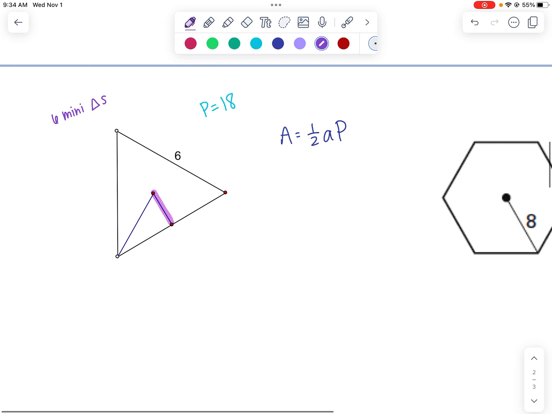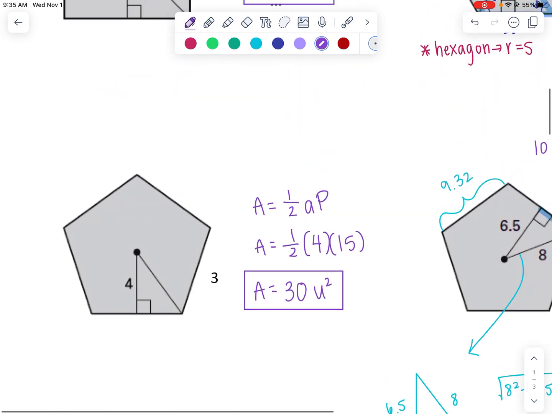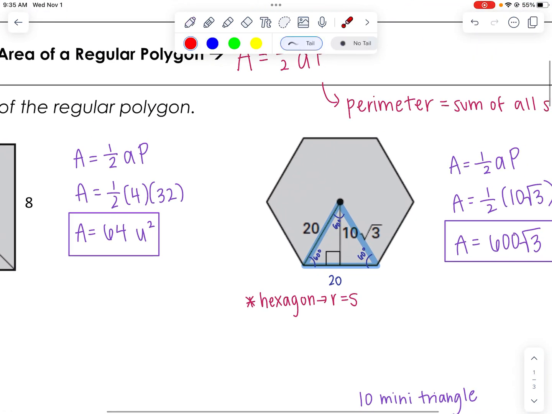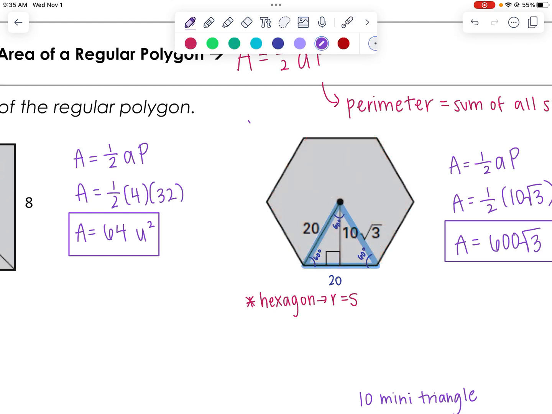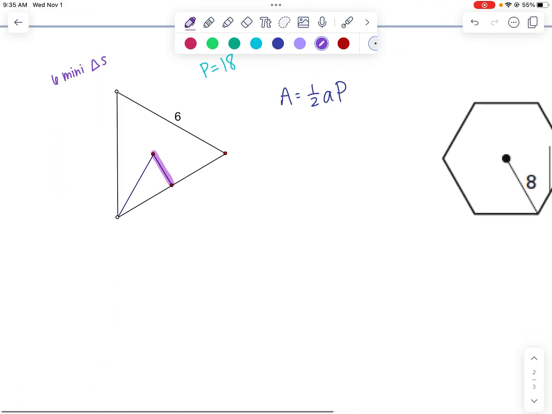A triangle 3 times 2 would tell you 6 mini triangles. And if I look at this hexagon, 6 sides, 6 times 2, I should have 12 mini triangles. So if I just count 1, 2, 3, 4, 5, 6, 7, 8, 9, 10, there's my 11 and 12. So take your number of sides, multiply it by 2, and that's going to tell you the number of mini triangles.